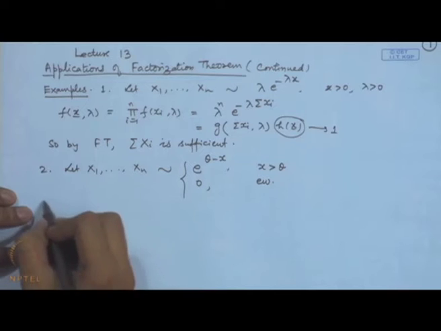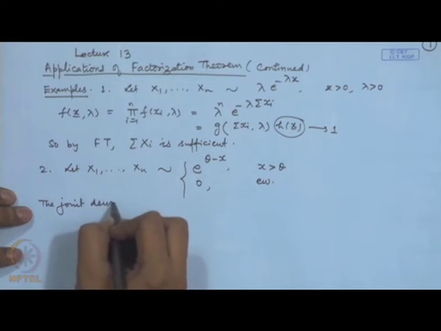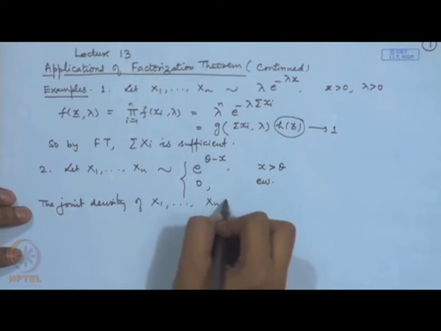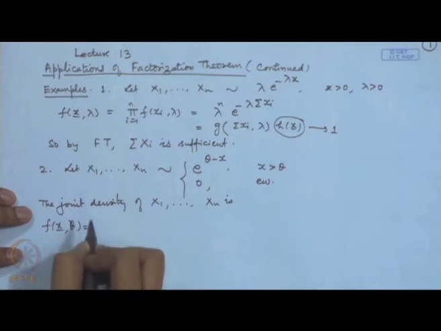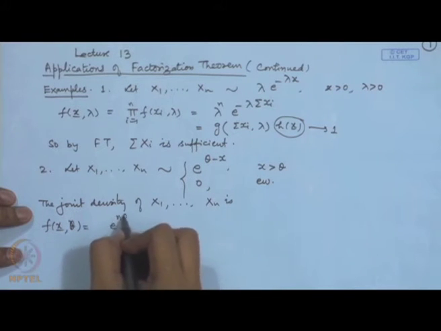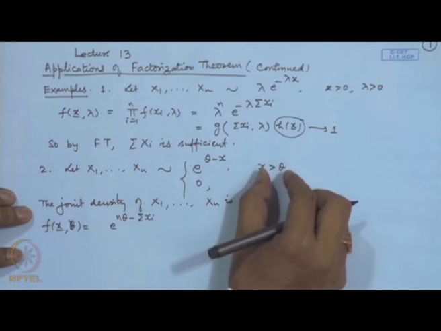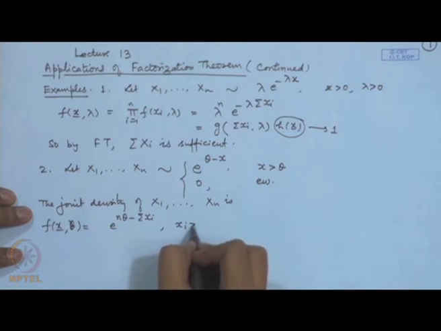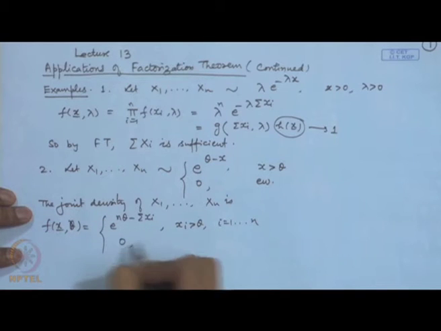Now, in this case the joint density of x 1, x 2, x n is f of x, theta, that is equal to e to the power n theta minus sigma x i. However, this condition of x i greater than theta also plays a role here.